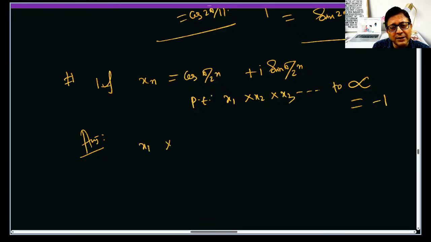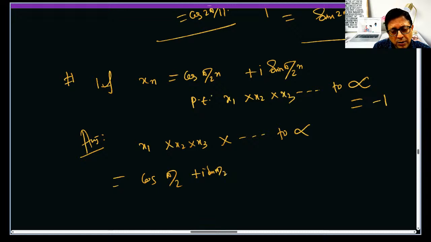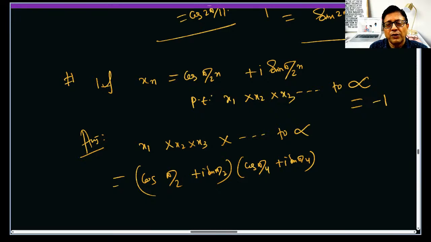So when you are multiplying up to infinity, for n equal to 1 it is π/2, for n equal to 2 it is π/4, for n equal to 3 it is π/8, and it continues this way up to infinity.